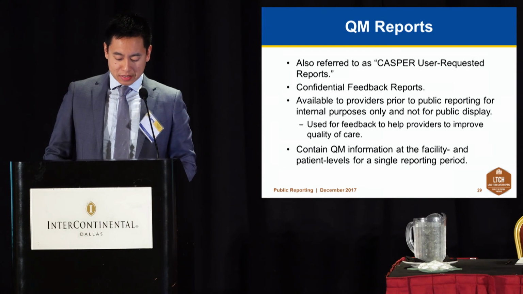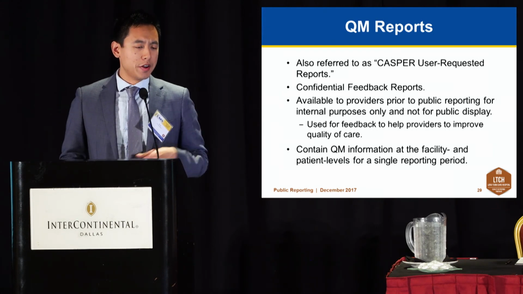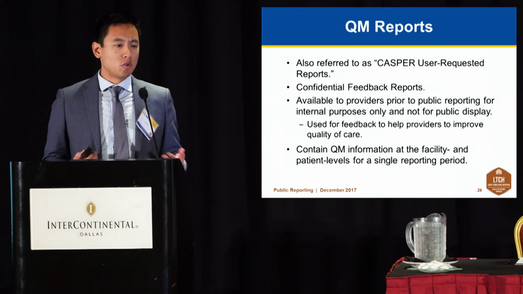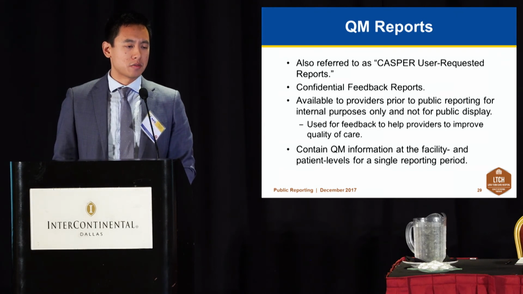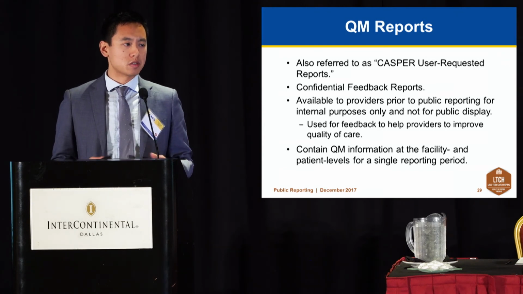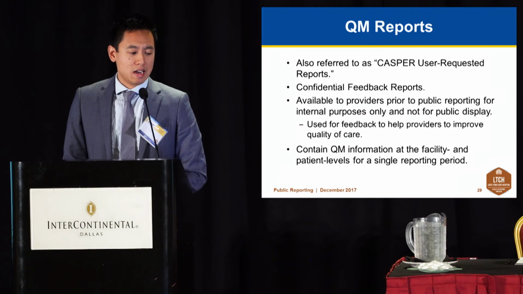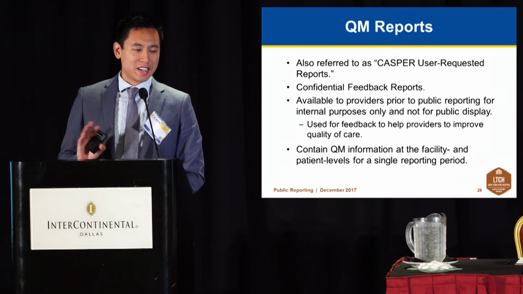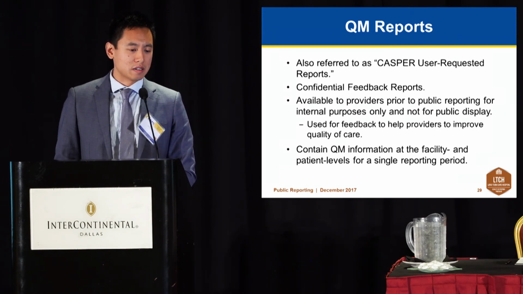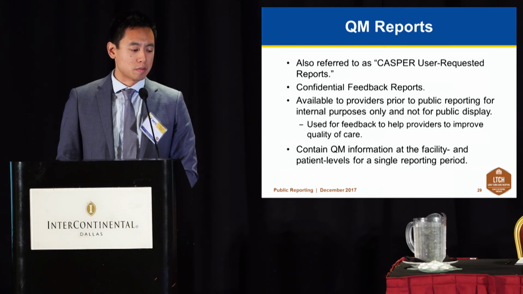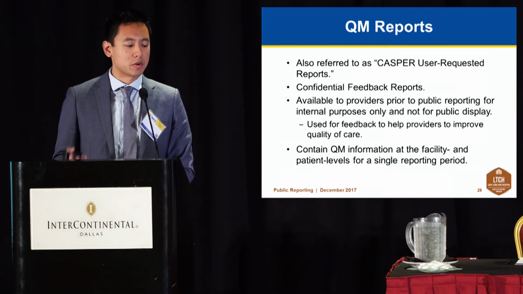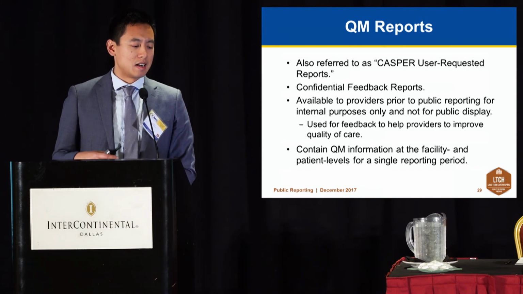All right. So another way of looking at your performance is through the quality measure reports or QM reports. There's a variety of names that people refer to the QM reports by. They can be referred to as the Casper user requested reports.